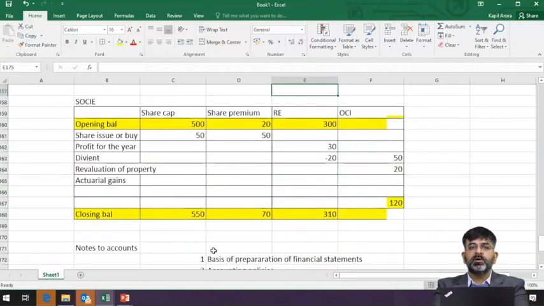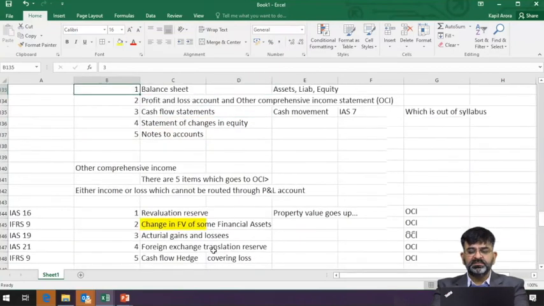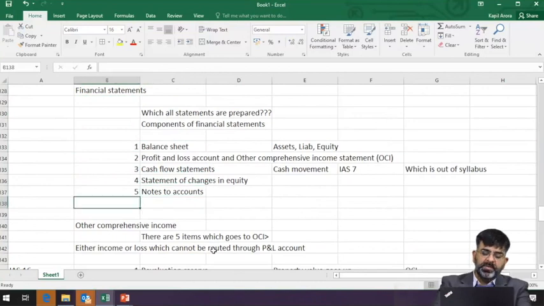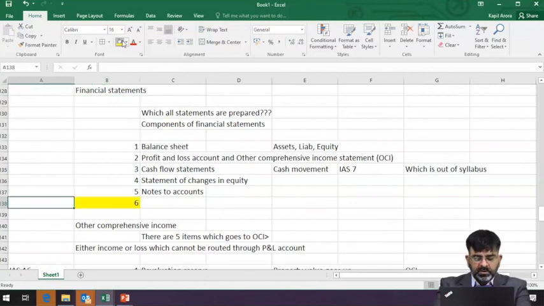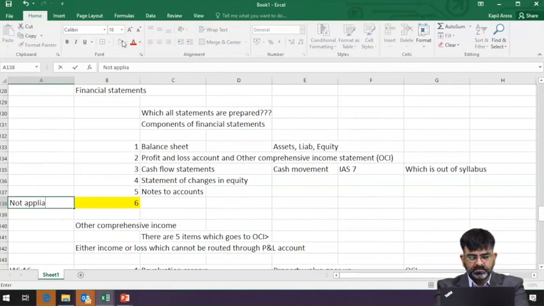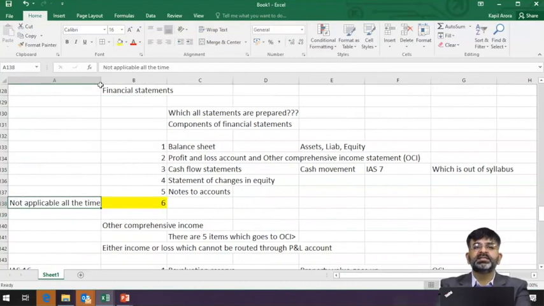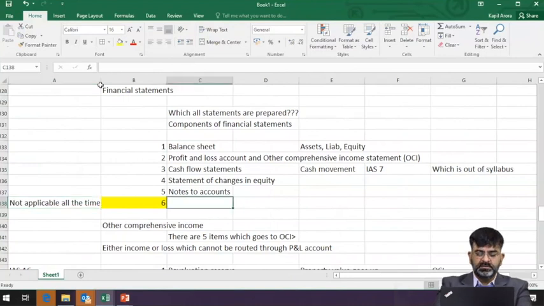So we have talked about the 5 statements: balance sheet, P&L, cash flows, statement of changes in equity, and notes to accounts. And apart from that, there is a sixth statement also, which is not applicable all the time, only in some cases.